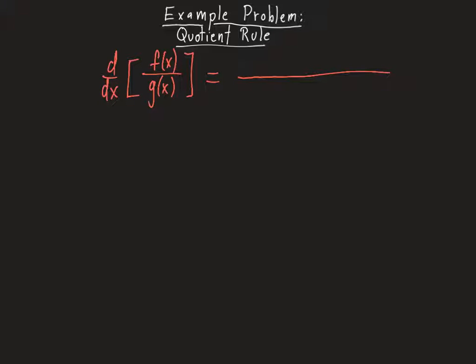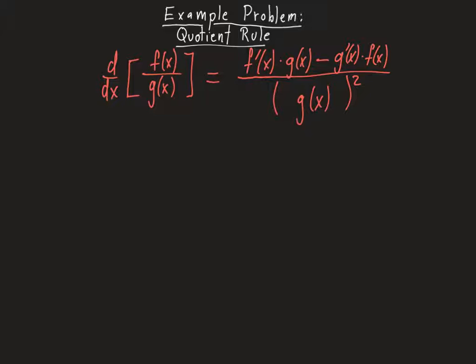First off, in the numerator, you will have the derivative f prime of x, times g of x, minus the derivative of g of x, g prime of x, times f of x. That's it for the numerator. In the denominator, you will simply have g of x squared.